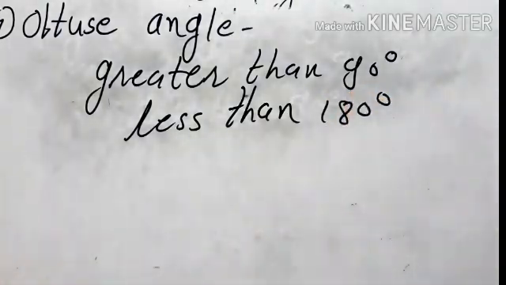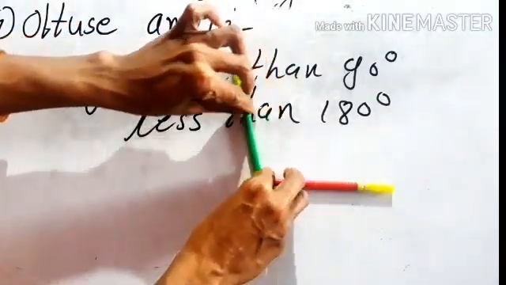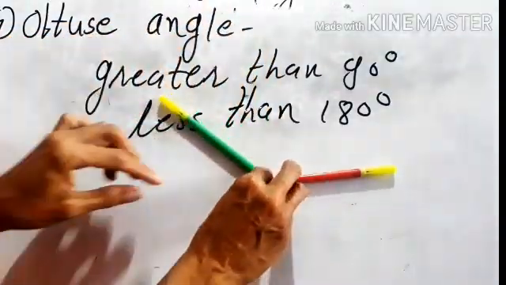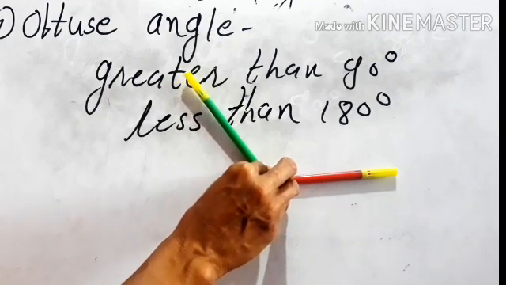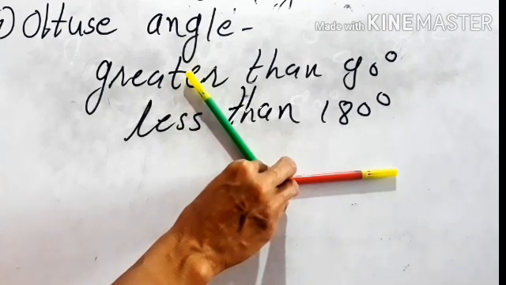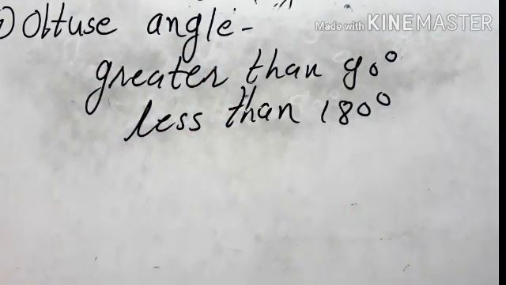For example, here this was a right angle. Now if I turn this position this way, then this is called an obtuse angle, which is greater than 90 degree but less than 180 degree.